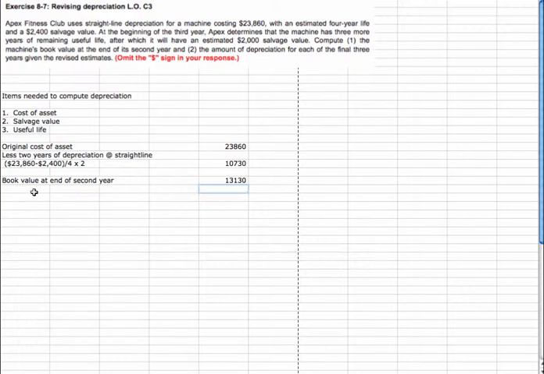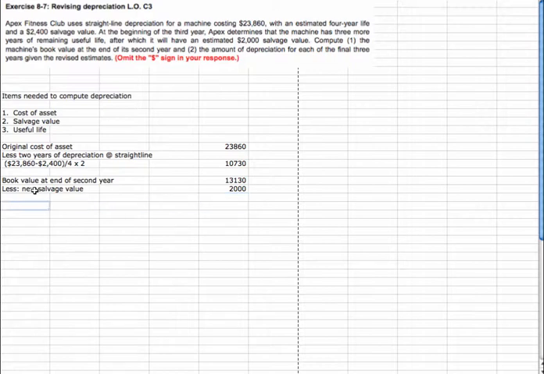If we're still doing straight line, we can figure out how much we're going to use to depreciate. Our new salvage value is $2,000, so we're going to say less the new salvage value, which is $2,000.